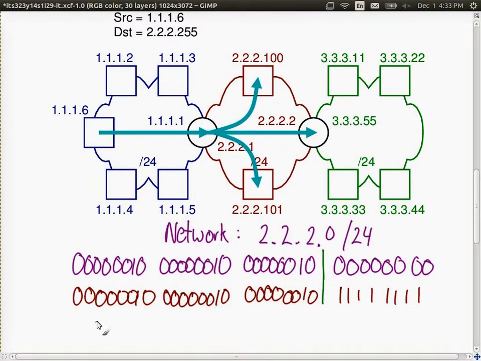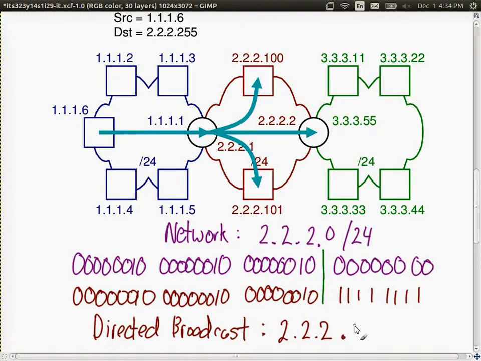Convert, this is called the directed broadcast. And when we convert, we'll get, in this case, 2.2.2.255/24. It's the same subnet mask.